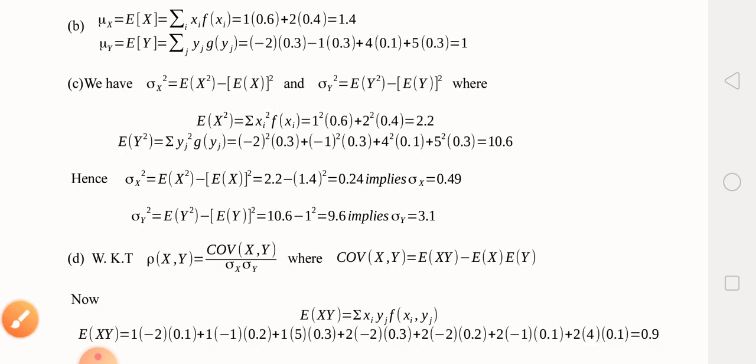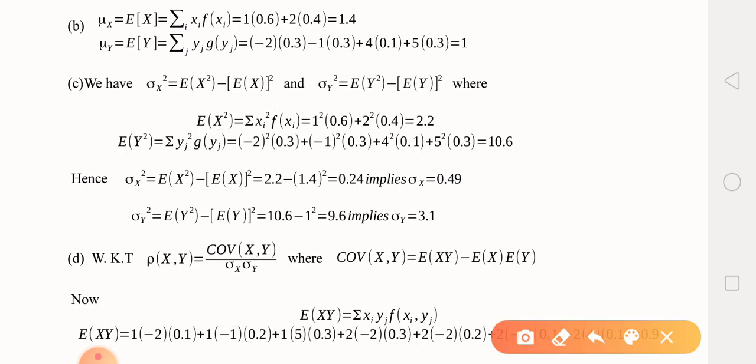So expectation of x square is equal to summation xi square into f of xi. Square each of the x values and multiply by its probability. Consider the sum: 1 square into 0.6 plus 2 square into 0.4 equal to 2.2.